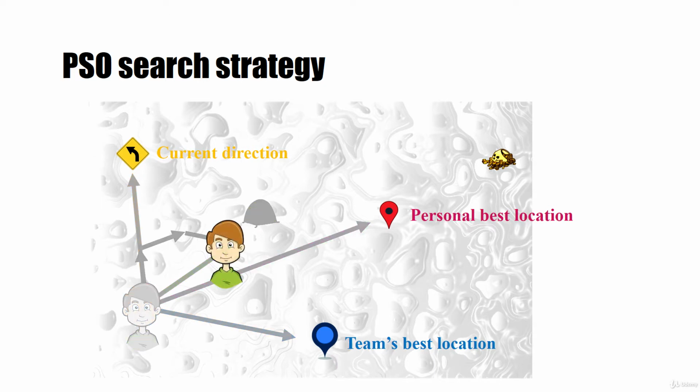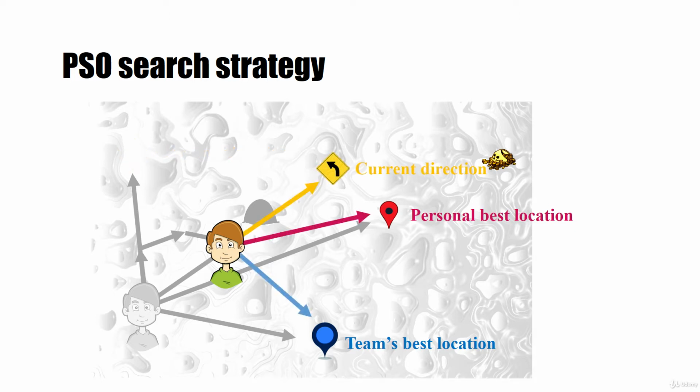Now, this is the next day, so he wakes up and has to find the direction towards the team best location and the personal best location, and he knows his current direction. So we update the arrows. You see the blue, red, and yellow arrows.